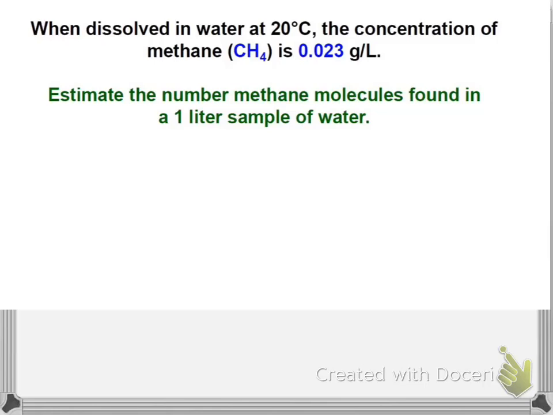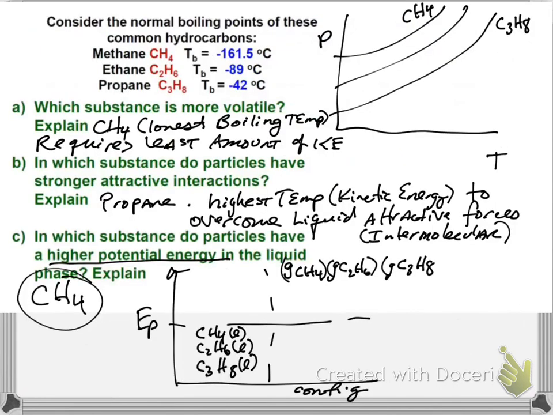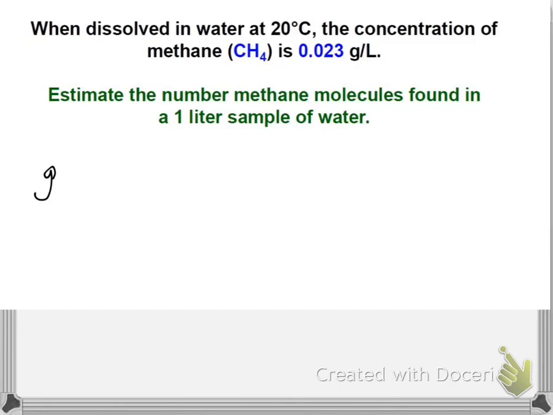Okay, so we're going to do some calculations. Here's one that was asked from the exam. We can see that first the liters don't really matter, so we just want to know how many particles there are in 0.023 grams of CH4.